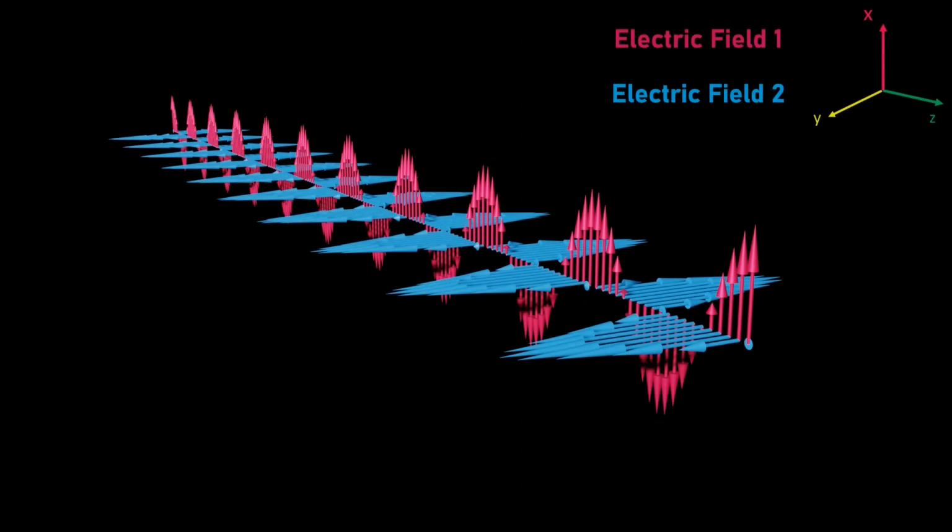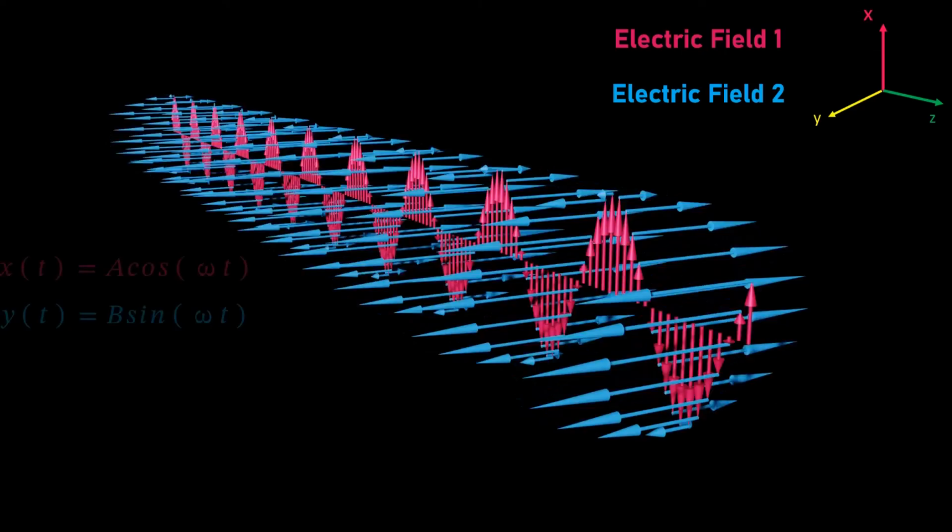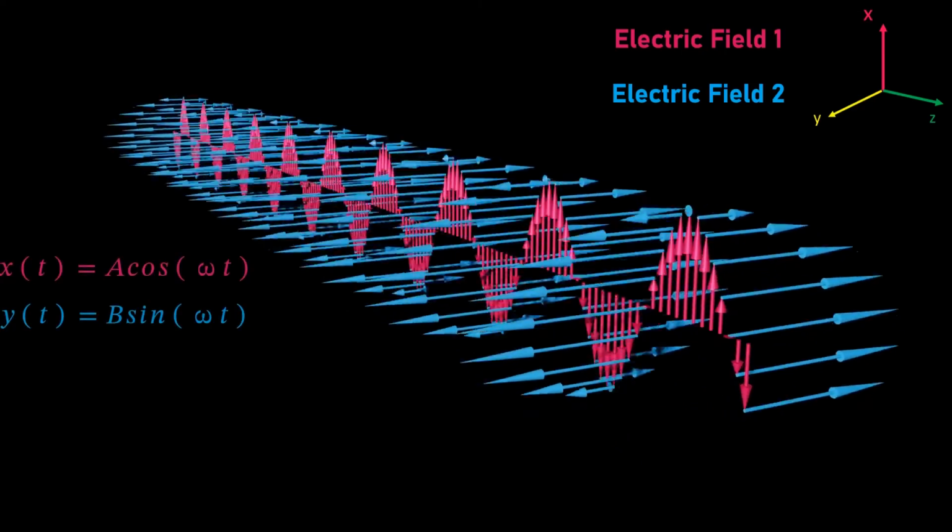If the amplitude of one of the electric fields increases, then the circle will bulge and turn into an ellipse.